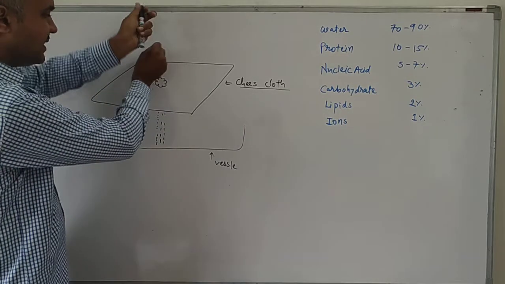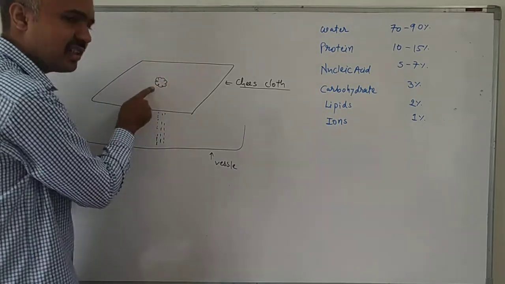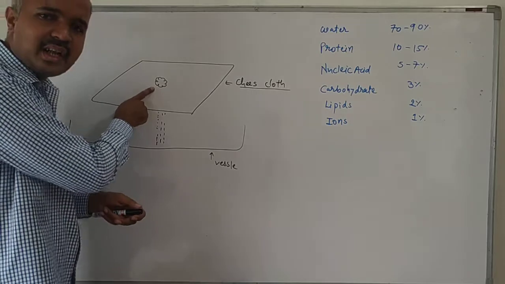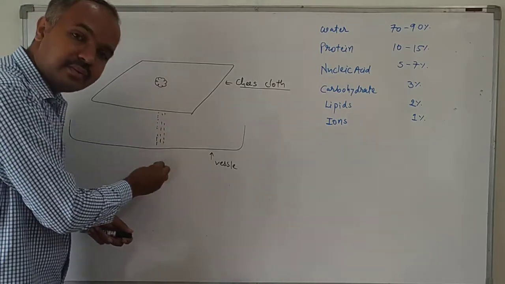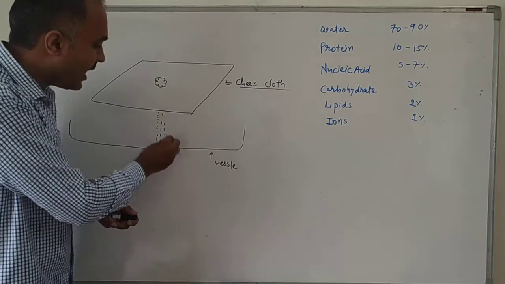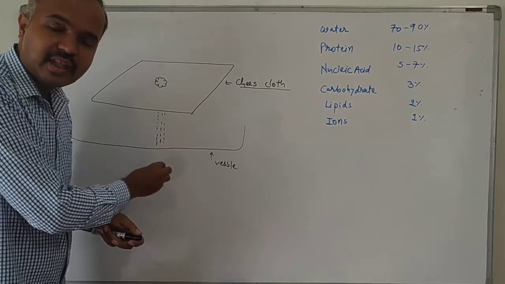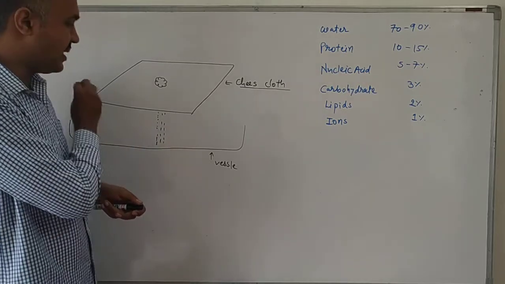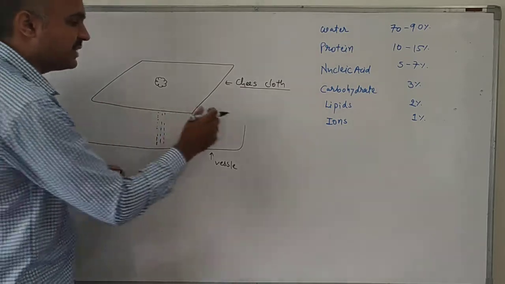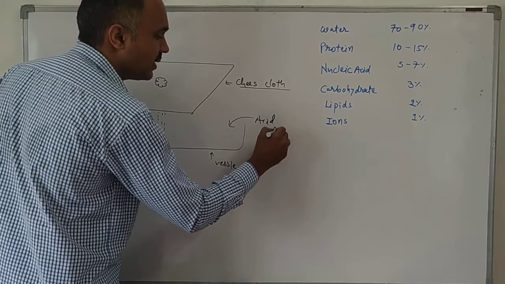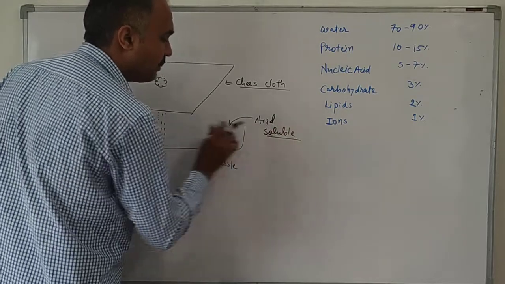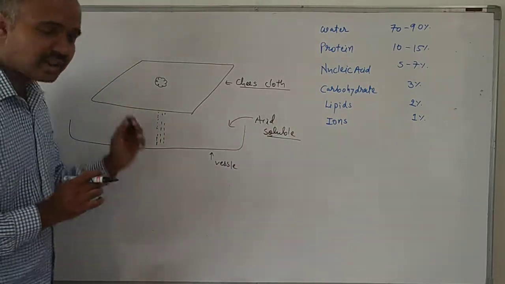As we squeezed this slurry, the acid soluble compounds came down through the cheesecloth and got accumulated in the vessel. So this vessel has acid soluble compounds.